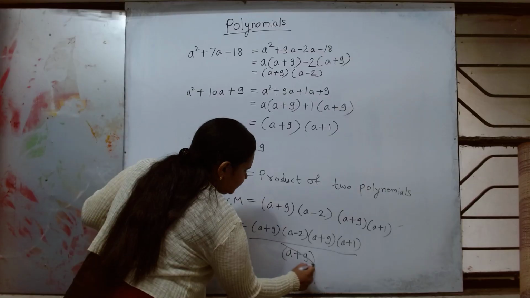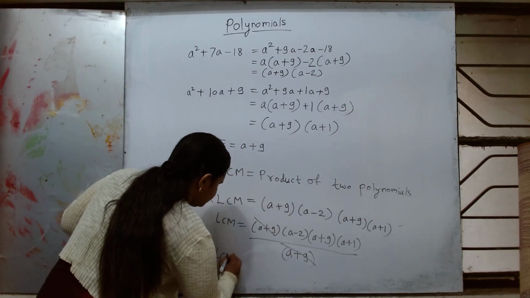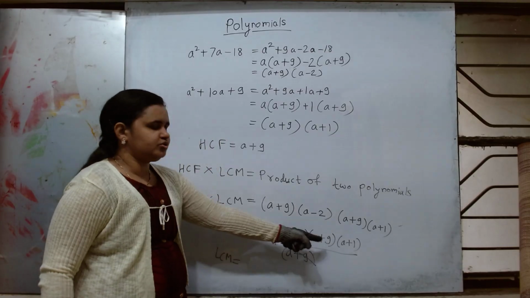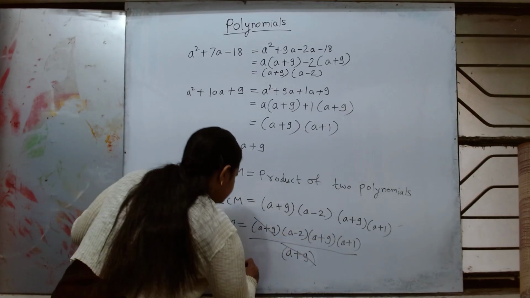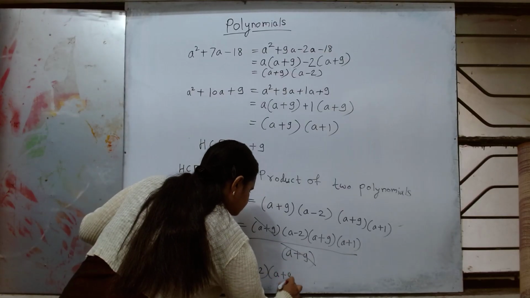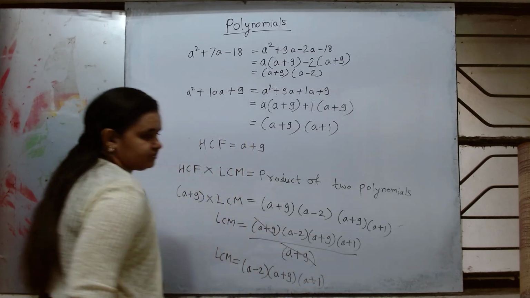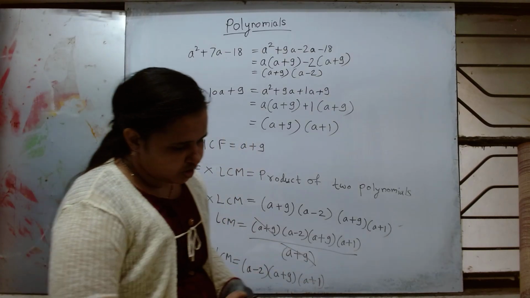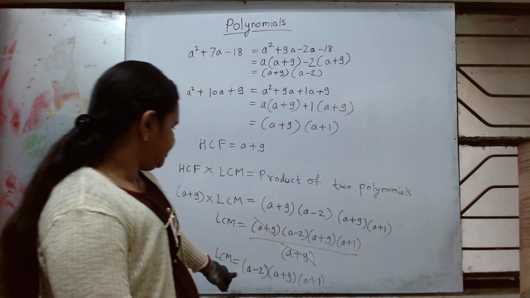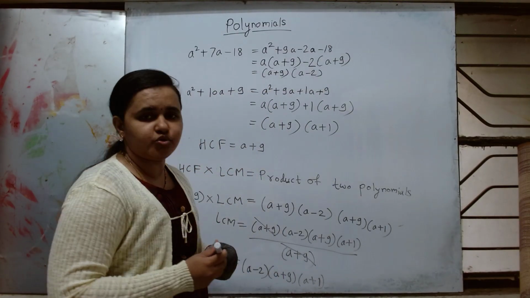So a plus 9 will get cancelled, and we will get LCM as a minus 2, a plus 9, a plus 1. Okay. So the option is a minus 2, a plus 9, a plus 1. So the option is the fourth one.